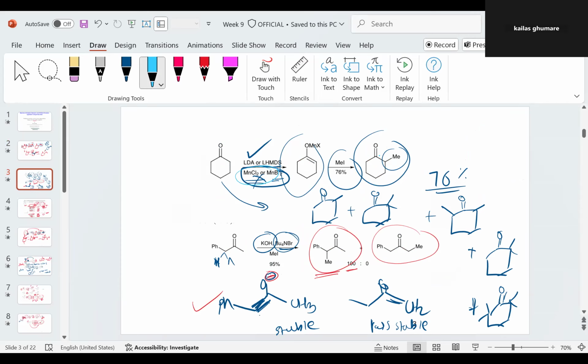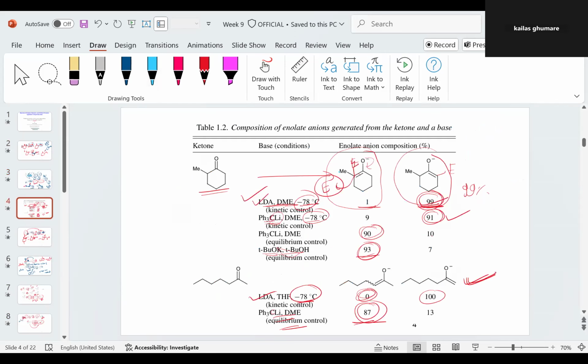We have seen the MnCl2-based catalyst, or MnBr2, with the addition of this additive that can control it. Further, we have seen thermodynamic control and kinetic control, and how these affect the formation of enolates, and subsequently the formation of the product.